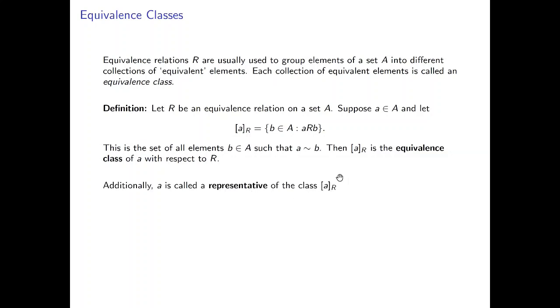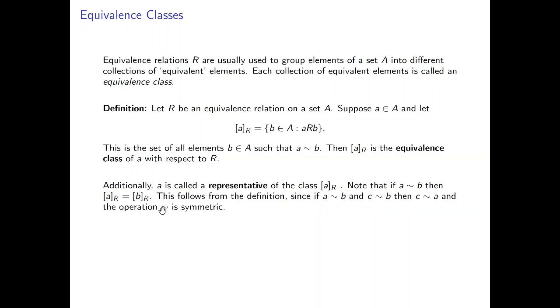If we write it like this, the element a is called a representative of the class. Why do I need to point this out? Notice that if I have another element b of my set which is equivalent to a, then the class associated to a is the same as the equivalence class associated to b.